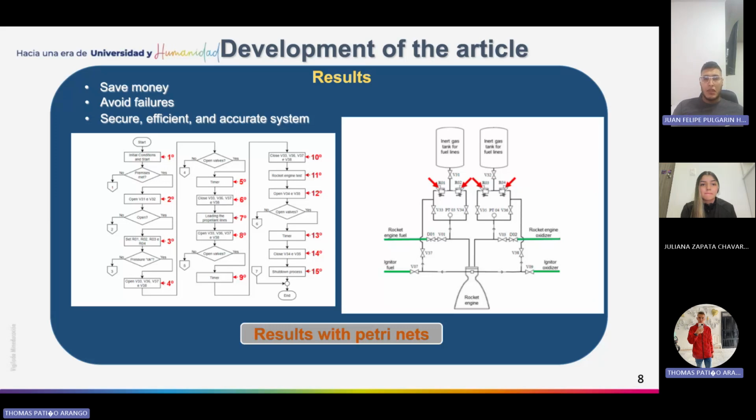When all the conditions of the Petri net are met, it opens valves and activates the system in a safe manner. So next, please.